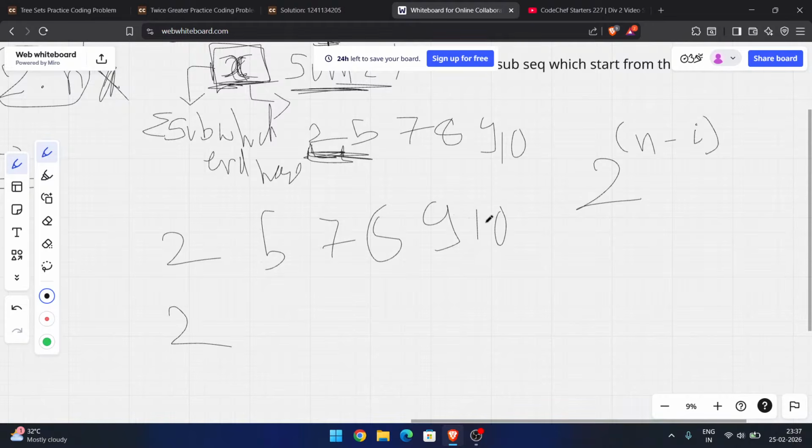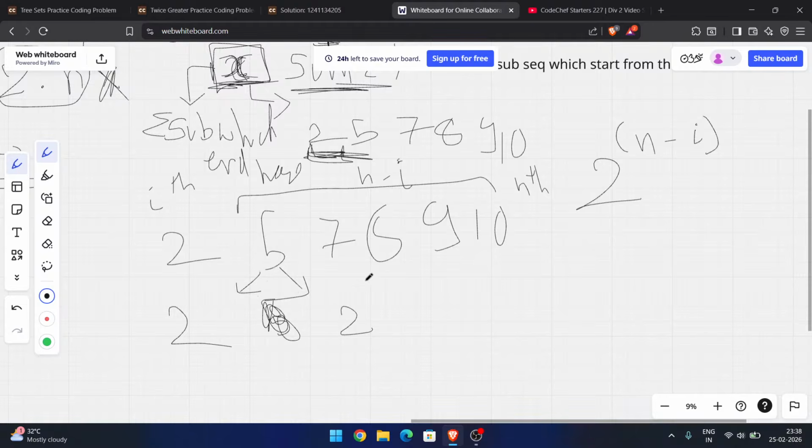Now for every other element, there are two possible cases. Either I can take 5 or I can skip 5. If I take 5, then it would be 5. If I skip 5, then here it would be nothing. So for every element I have two options, either take or not take. So it's 2 into 2 into, 2 raised to, if this is the nth index and this is the ith index, then the number of elements between them is n minus i.